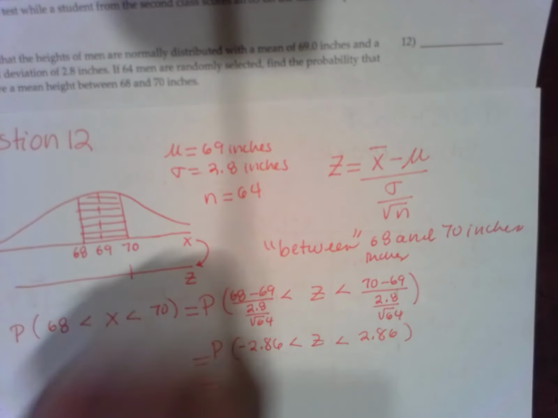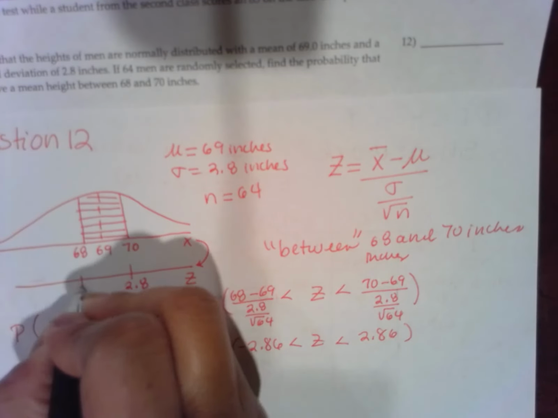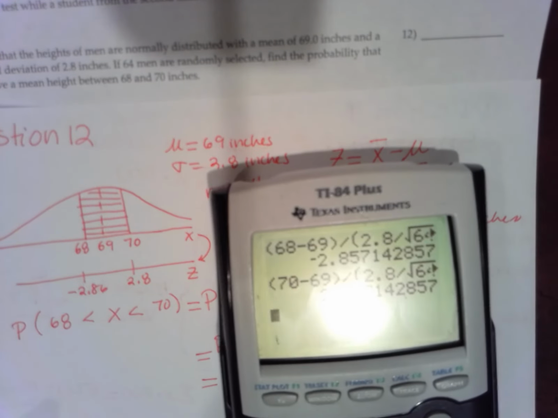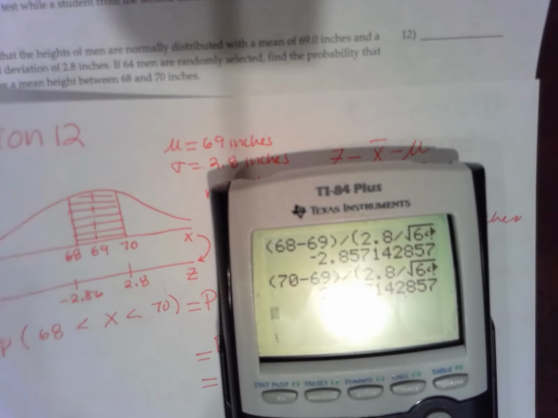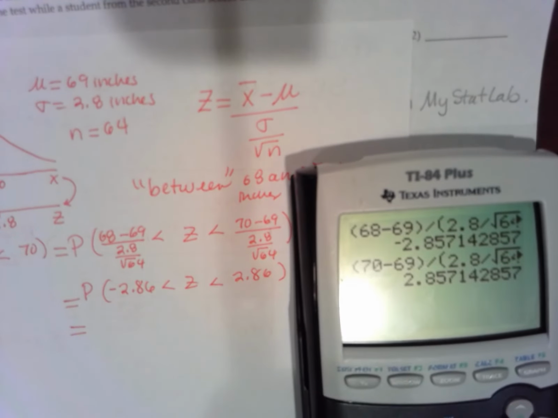The z-score for 70 is positive 2.86 and the z-score for 68 is negative 2.86. I will show you how to get this answer with a calculator. Notice that the z-scores are the same; one is positive, one is negative.